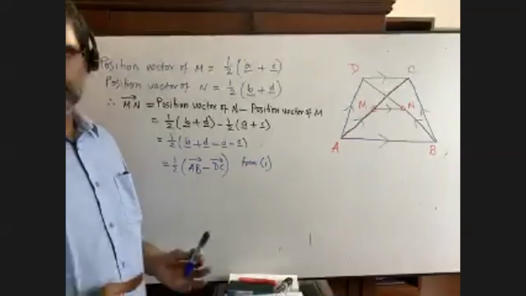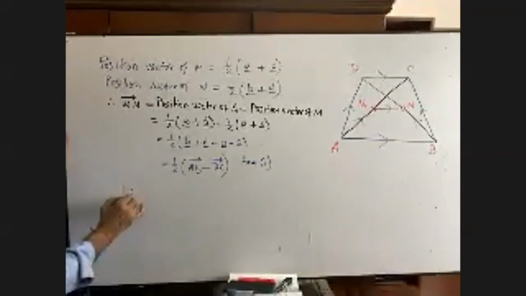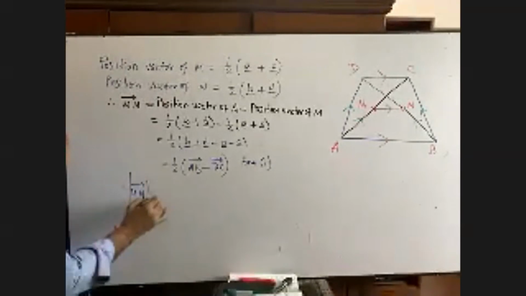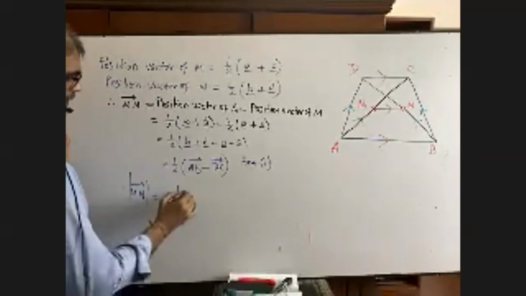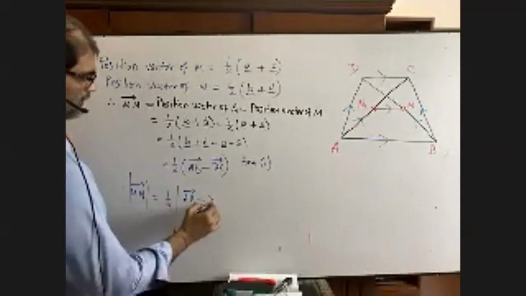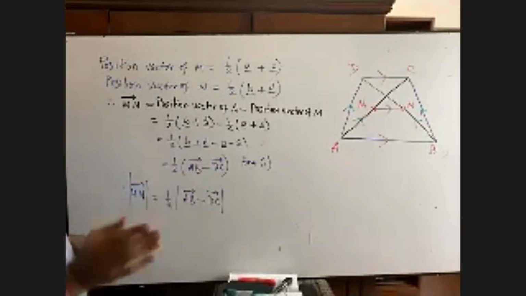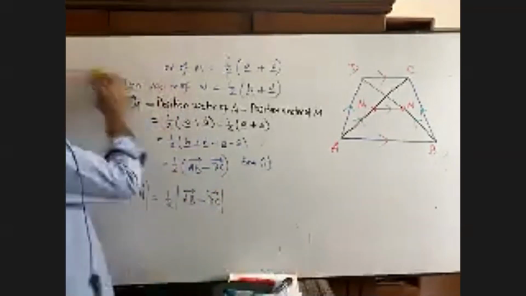Okay, that's good. Therefore, we can write down here MN is equal to half of AB minus DC. Actually, what is this?